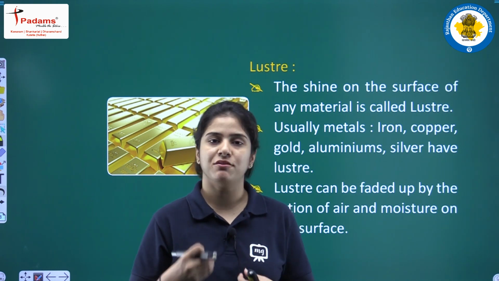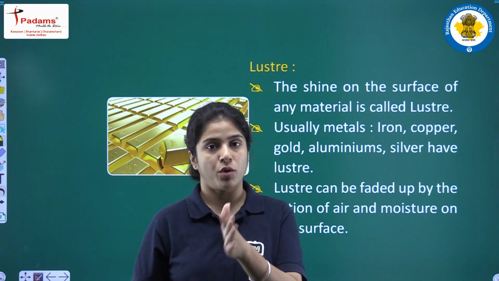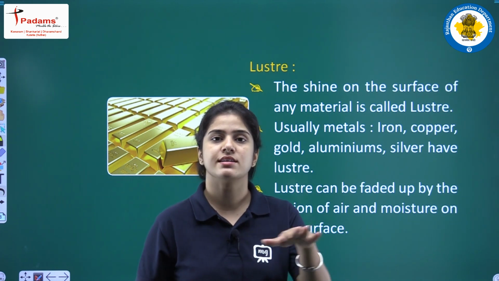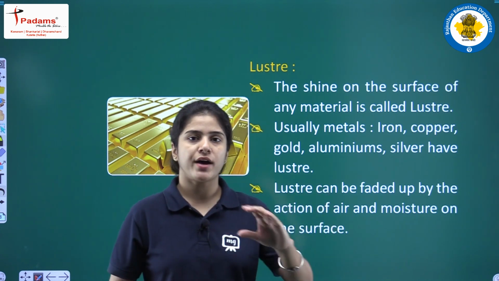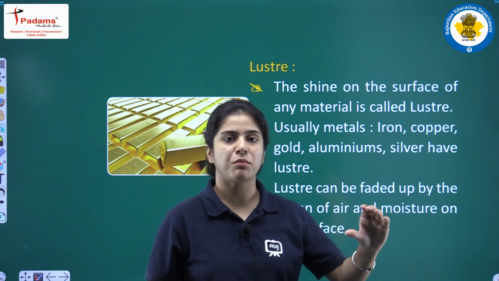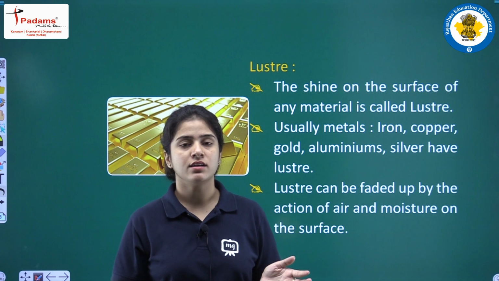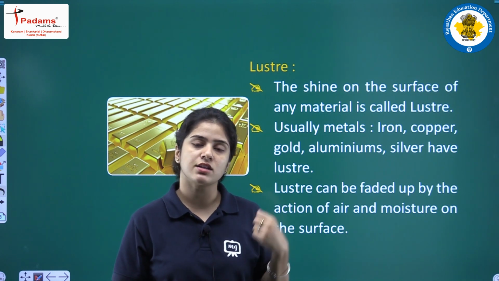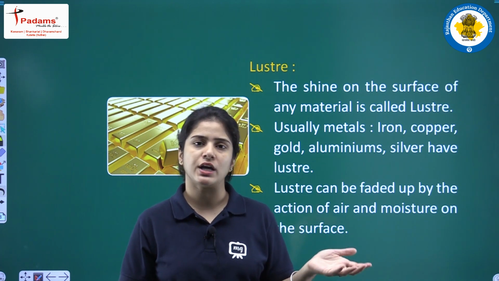Usually metals have luster on their surface, and with the action of moisture and air on that surface, the luster gets faded. For example, if I have new iron railings on my home, they look so shining, but after some time with the action of moisture and air, they fade, right? They don't have shine anymore.